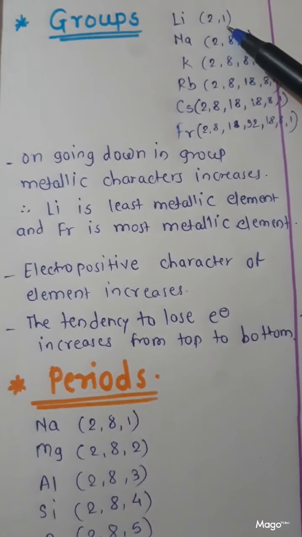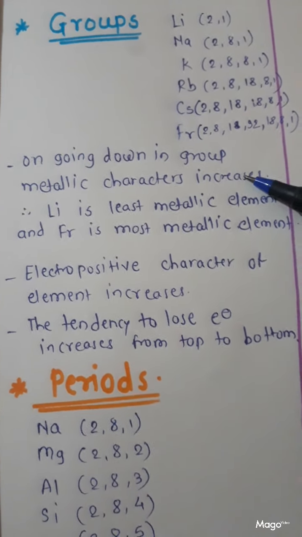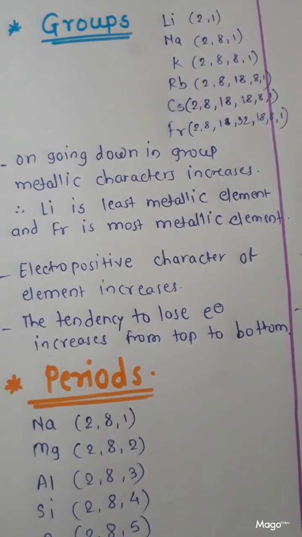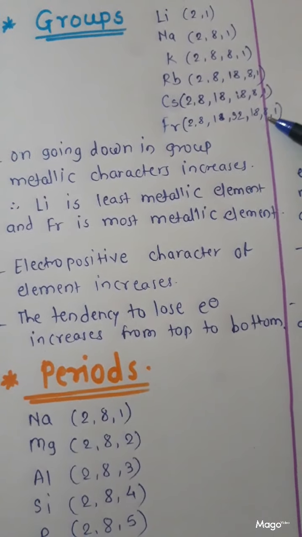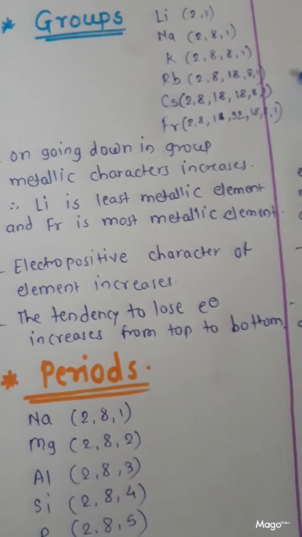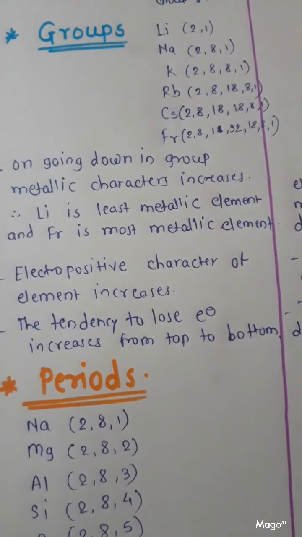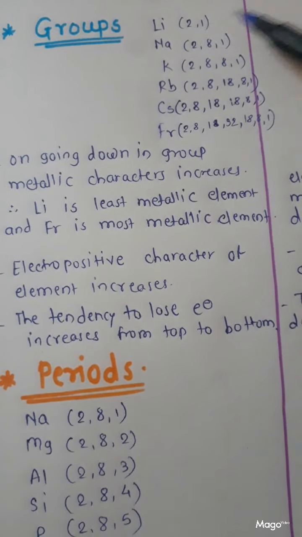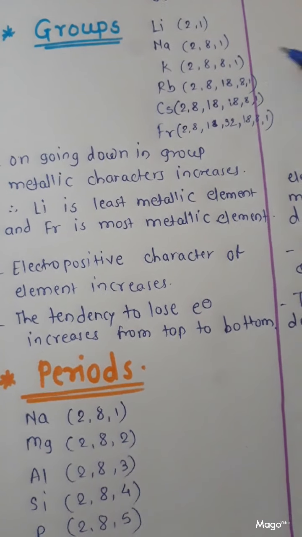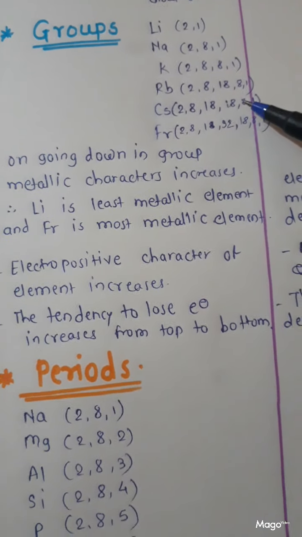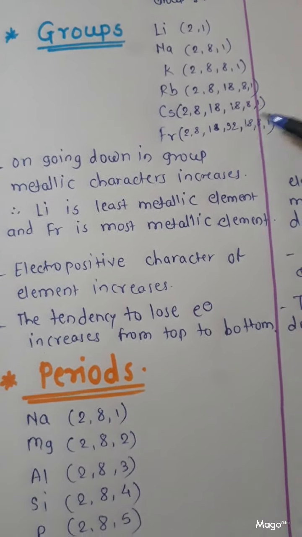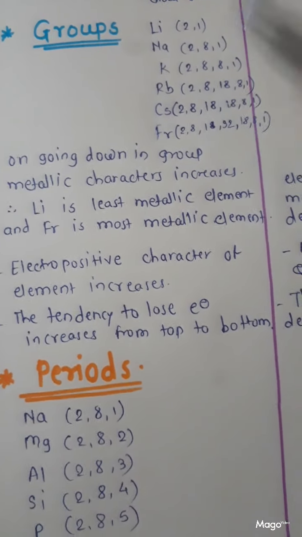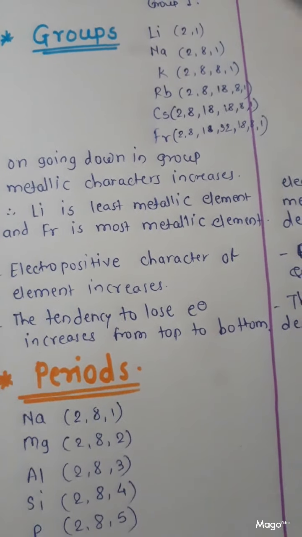As we move down the group, the tendency to lose electrons increases, because the outermost electron experiences lesser pull from the nucleus. That's why the outermost electron is easily lost by that atom, by that element.